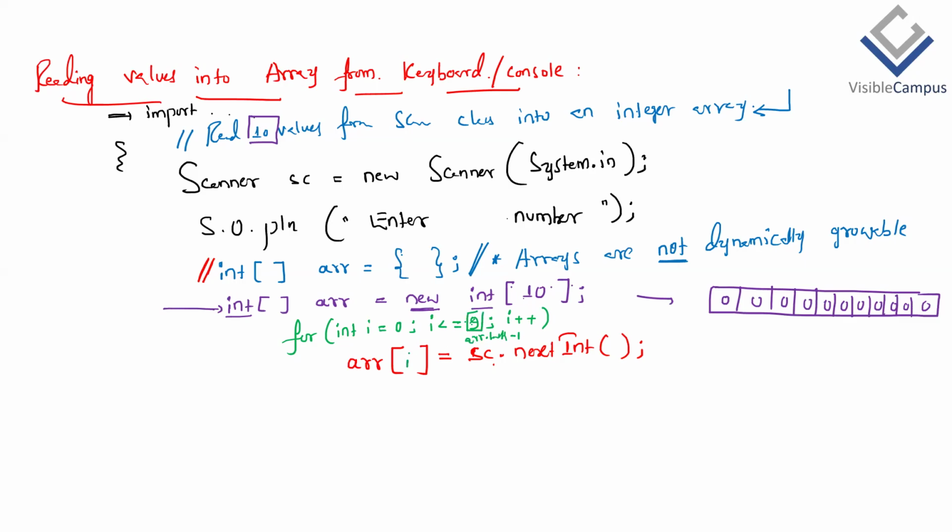Then give that index inside this for loop. So this loop will run 10 times. Whenever we enter 10 numbers from the keyboard, each value will be given to the index positions from 0 to 9. This is the order in which the elements will be stored into this array according to whatever we give from the console. Then the end of my main method.